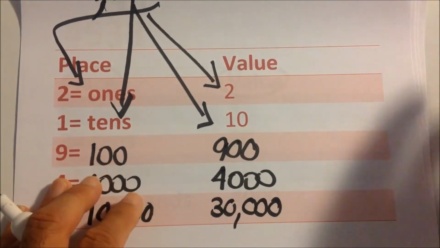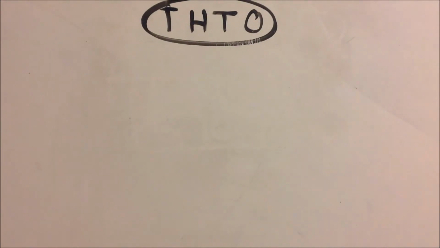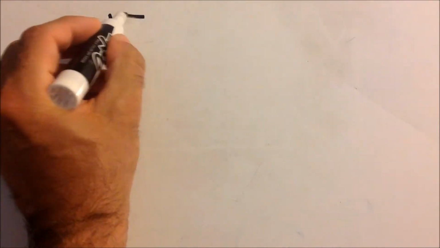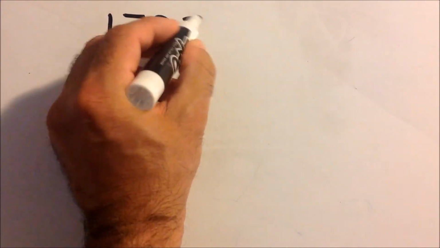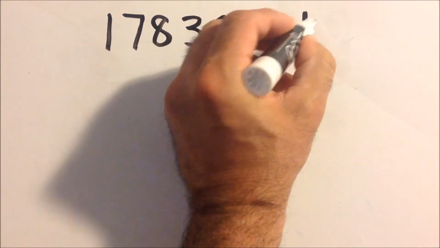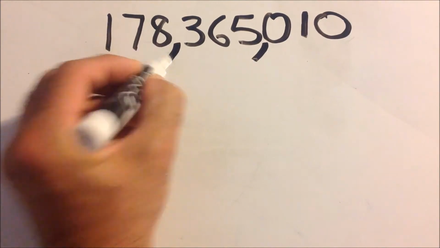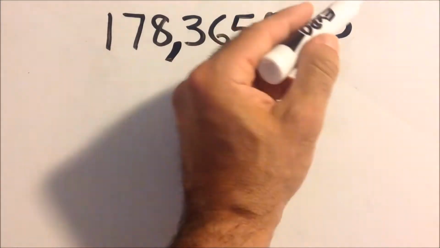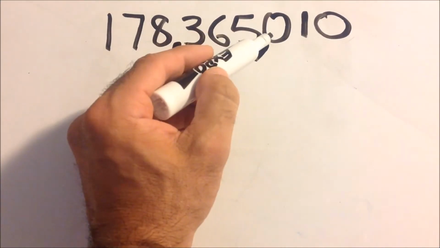Okay, so let's look at something again. Erase this. Let's make a big number here. Remember, every 3 numbers is a period. So we have the ones, tens, hundreds.